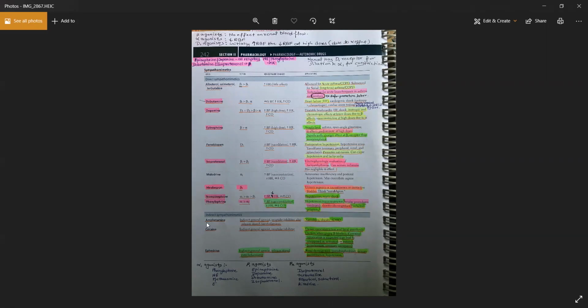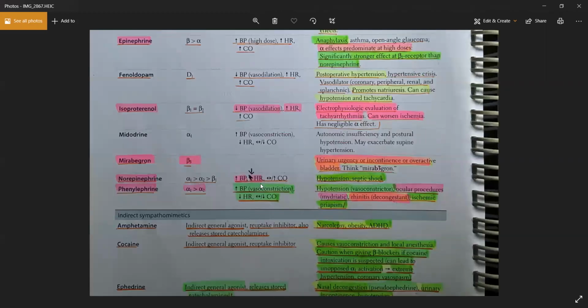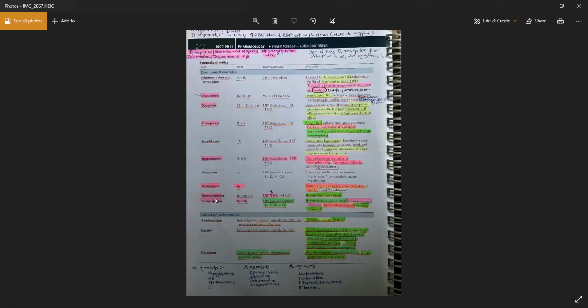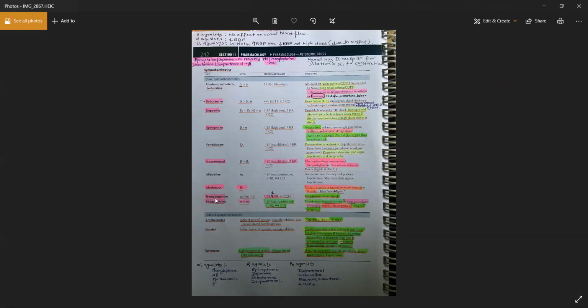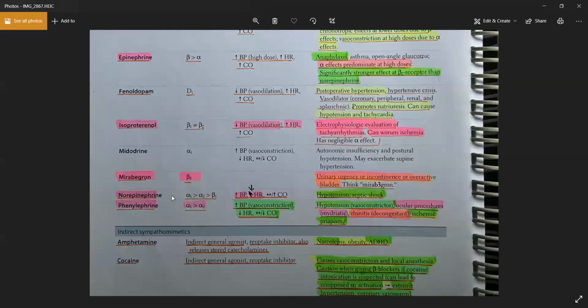Norepinephrine decreases the heart rate. Yeah, the reflex decrease in the heart rate, because of parasympathetic activation, right? That's why. Okay. Because the alpha effect is more than the beta, although they're stimulating the beta receptors, the alpha effects are more than the beta effects, right?